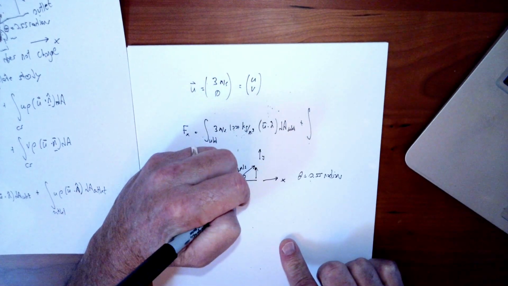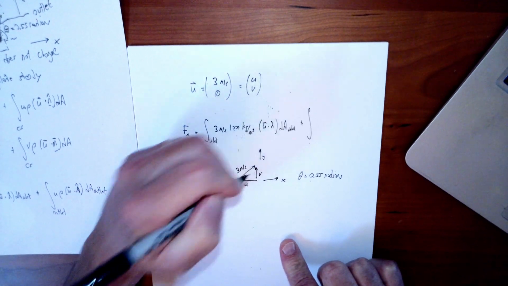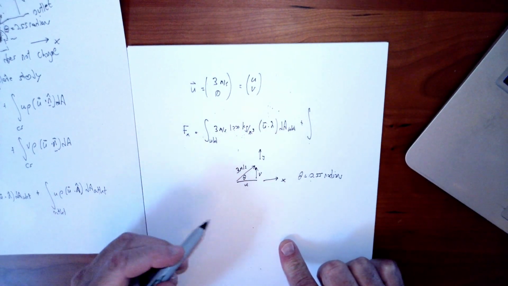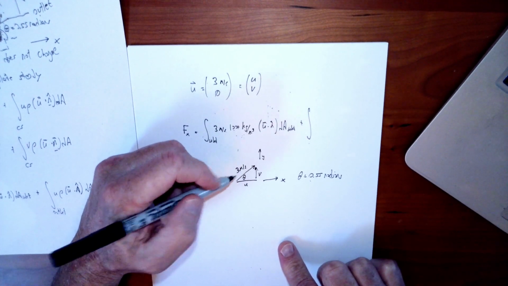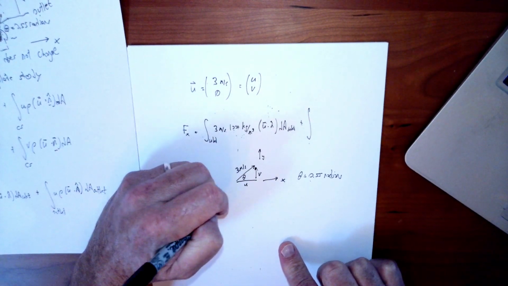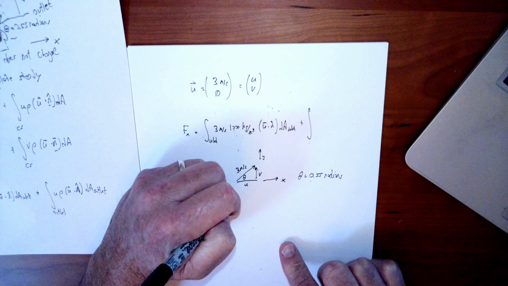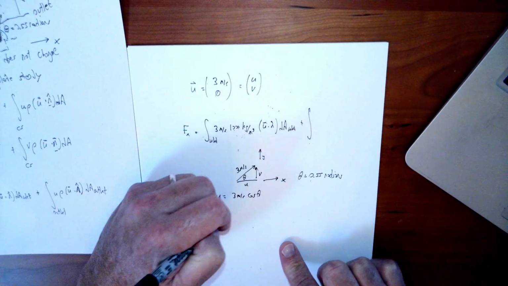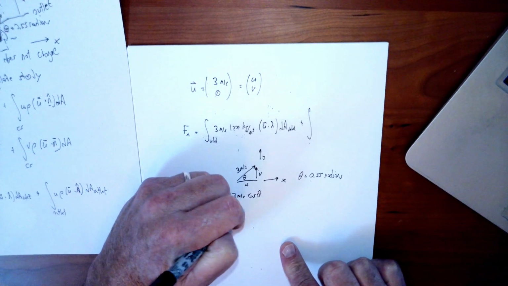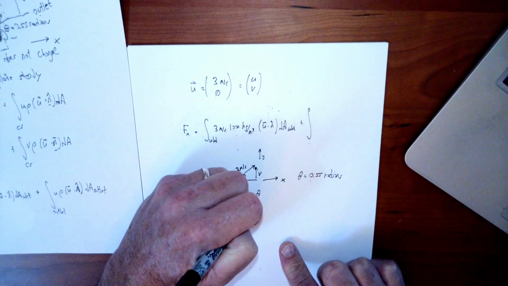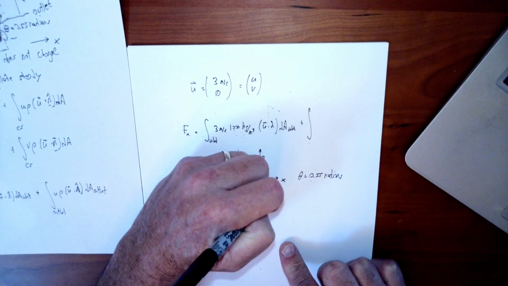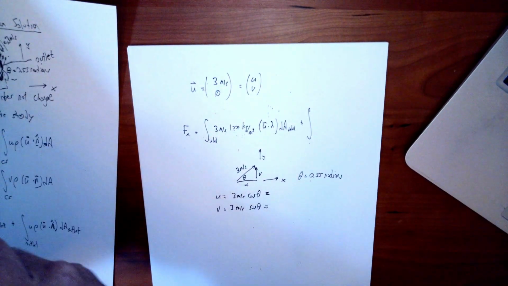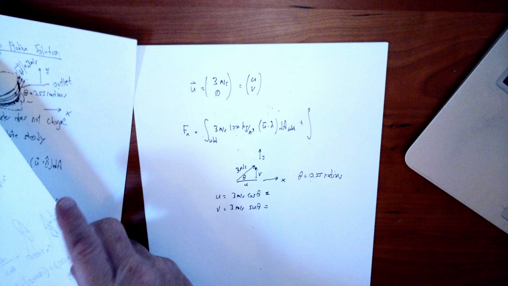So that allows me to calculate this in terms of a little u and a little v, right? Because u is going to be the x velocity, v is going to be the y velocity. So it's really easy to see that little u is equal to 3 meters per second times the cosine of theta, and little v is equal to 3 meters per second times the sine of theta. So that's simple. I plug that into my calculator. And your calculators do have sine and cosine functions.